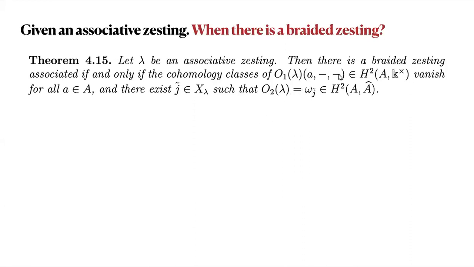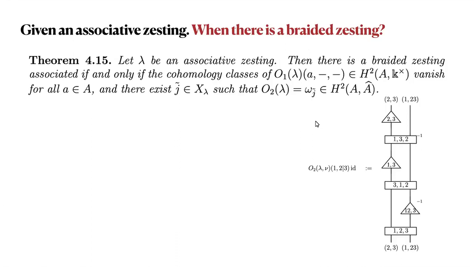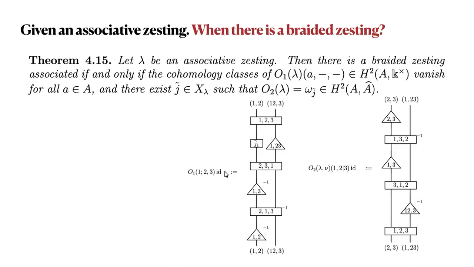This part is just a 2-cocycle with values in C star, and this A hat represents the characters. So really, even this is a symmetric character. For the 2-cocycles, there are concrete formulas to compute using graphical notation. This is, for example, how you compute this O1 obstruction, and how you compute this O2 obstruction. And these formulas work in the sense that this is exactly what we used in order to compute our examples, and in particular in order to compute the case of SU(N) level K.